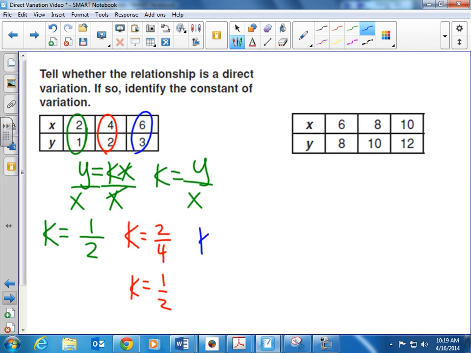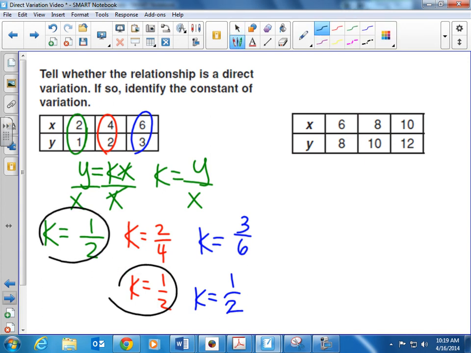I take y over x, so 3 over 6. What does 3/6 reduce to? 1/2. So notice that in each ordered pair, my constant of variation was the same. Therefore, this is direct variation, and my constant of variation is the 1/2.